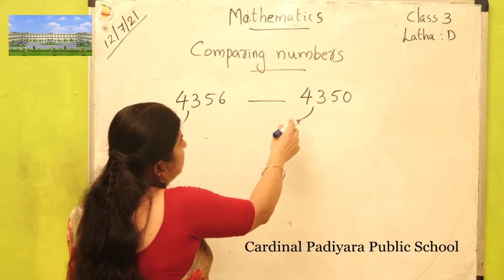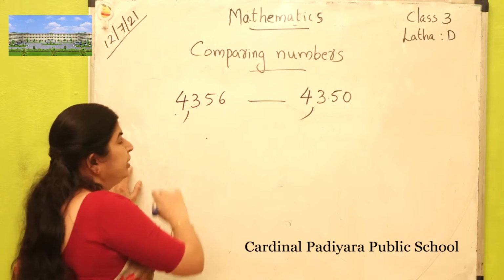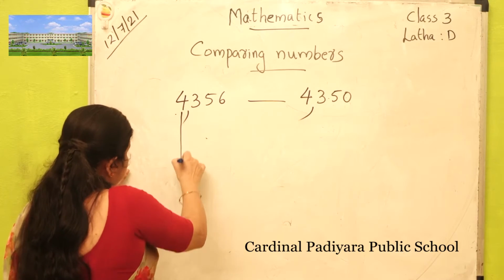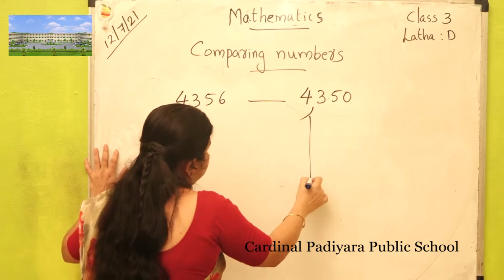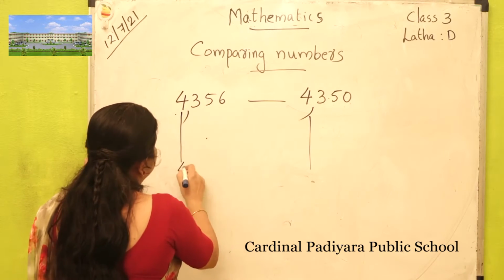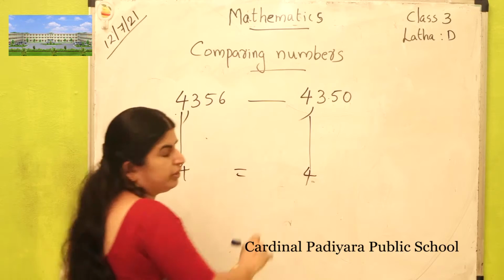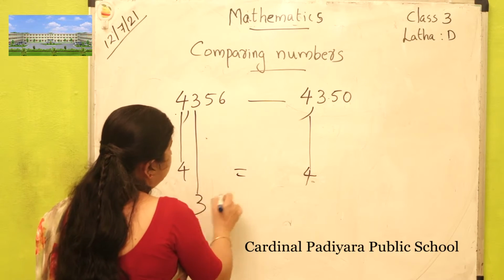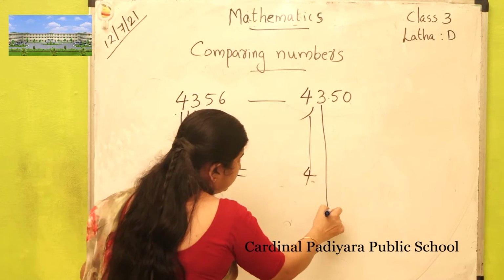This also a 4-digit number. Then first we compare the leftmost digit. Here 4, here also 4. These are equal. Then we move to the next digit 3, and here also 3.